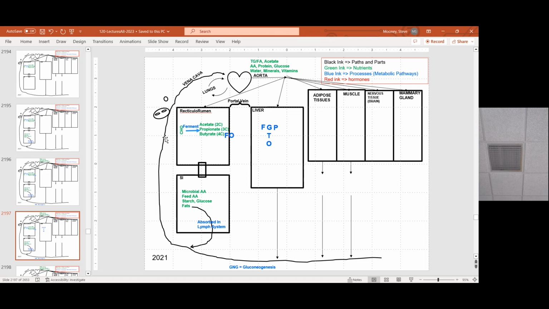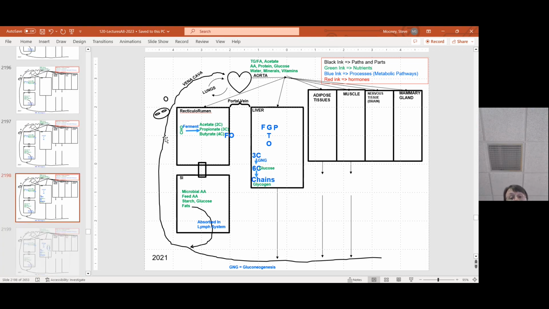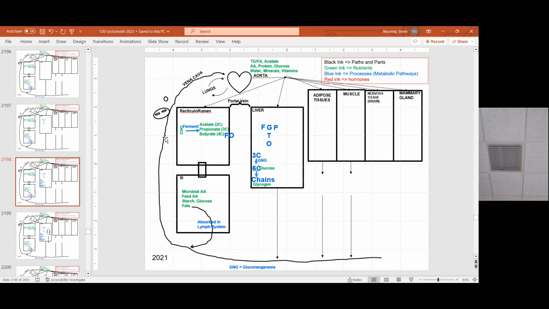So we've got our diagram that we've talked about before: fat prep, glycolysis, protein prep, transition, and oxidation. The liver can do all of that. The liver will also, when it's working properly, and one of the things that when we get an animal that's sick, these processes start to fall away.